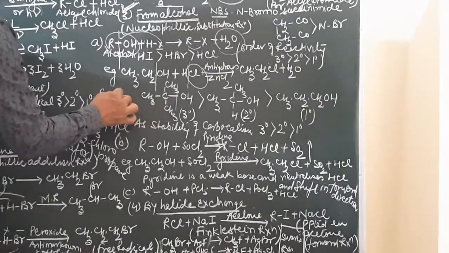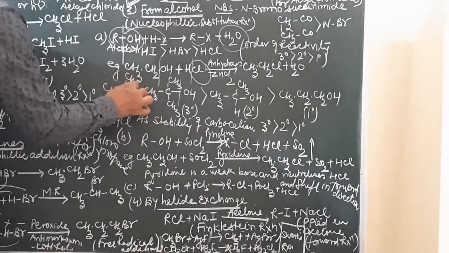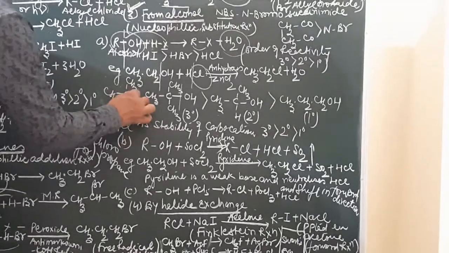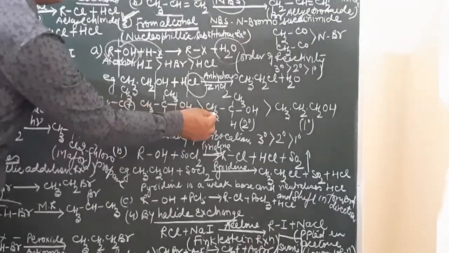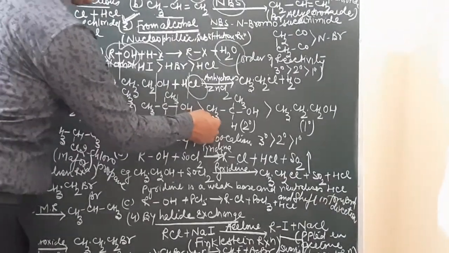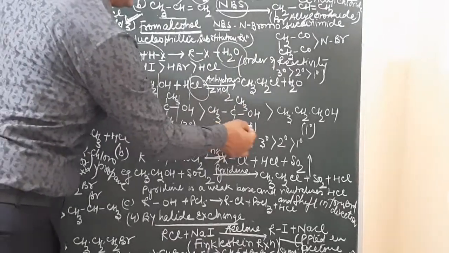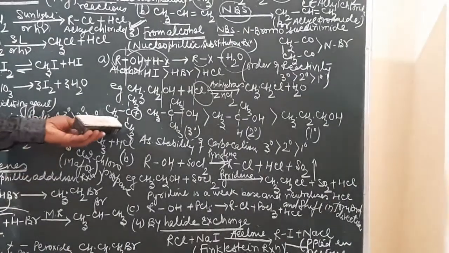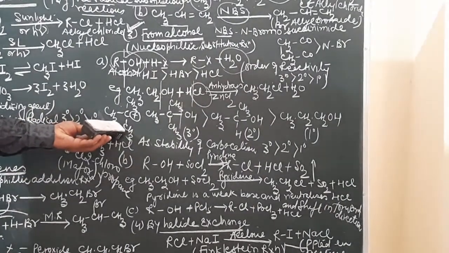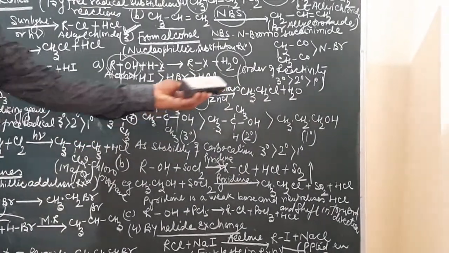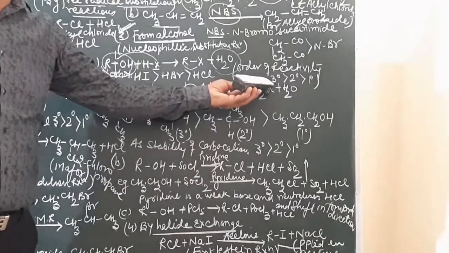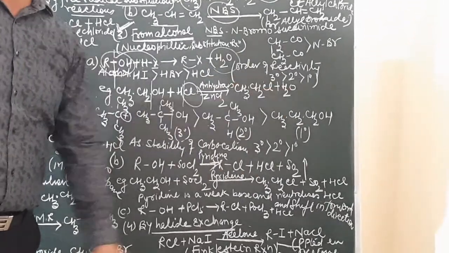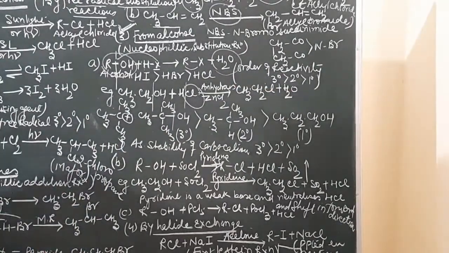In this case, as for example, we will have a 3 degree carbocation. And this 3 degree carbocation will be more reactive as compared to 2 degree carbocation as compared to 1 degree carbocation. And depending upon the stability of the carbocation, definitely I can say 3 degree alcohol will be reacting more quickly as compared to 2 degree alcohol as compared to 1 degree alcohols.